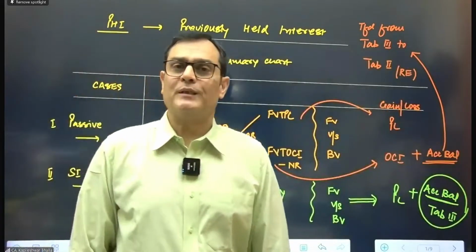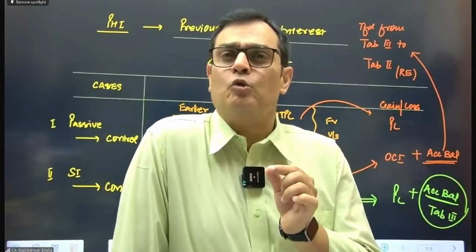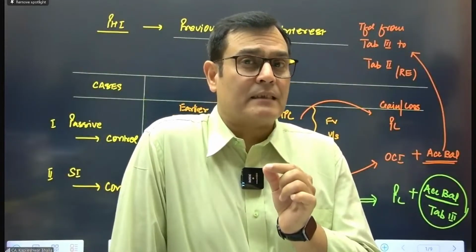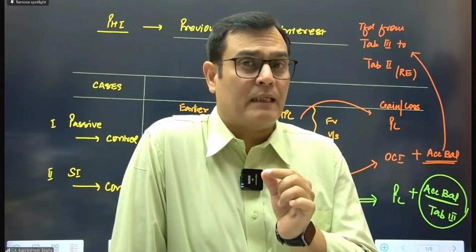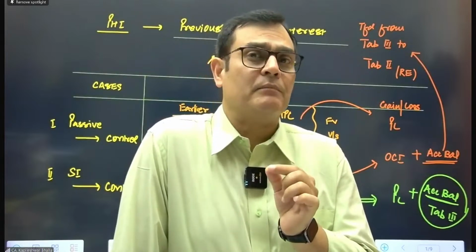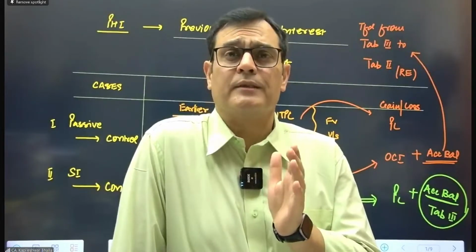Now, this needs a very important caution because you need to make a scrutiny of this accumulated balance. Because in this accumulated balance, there will be some items which will be a case of recycling, and there will be some items which will be a case of no recycling. We'll do a question also on that.